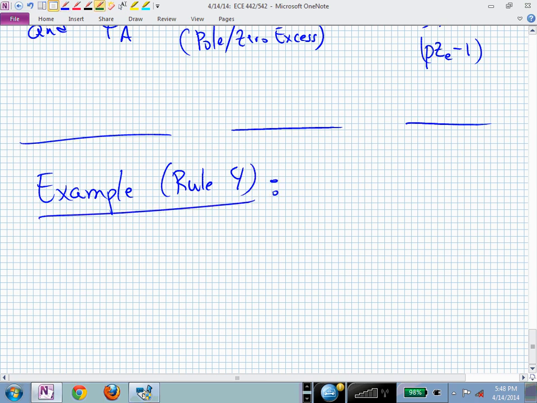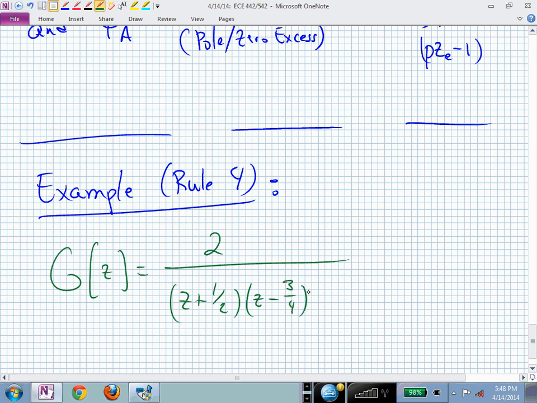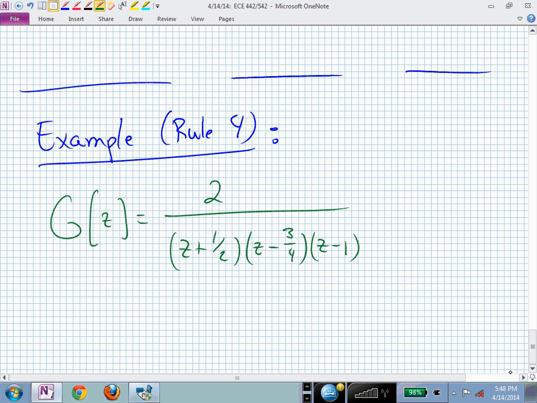Suppose that I now tell you that g of z is equal to 2 over z plus 1/2, z minus 3/4, and z minus 1. And there's all sorts of things I could start asking you about that g of z on the exam or today. Is it stable? Marginally.